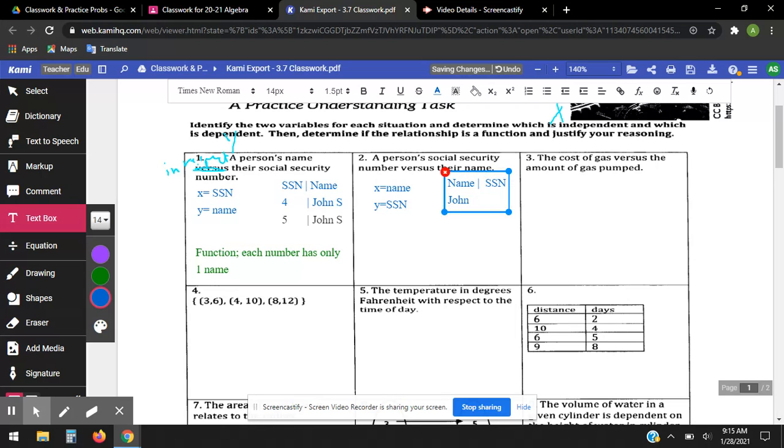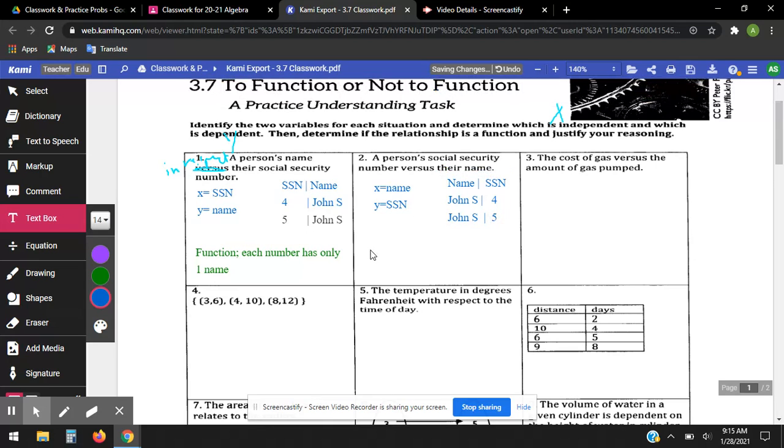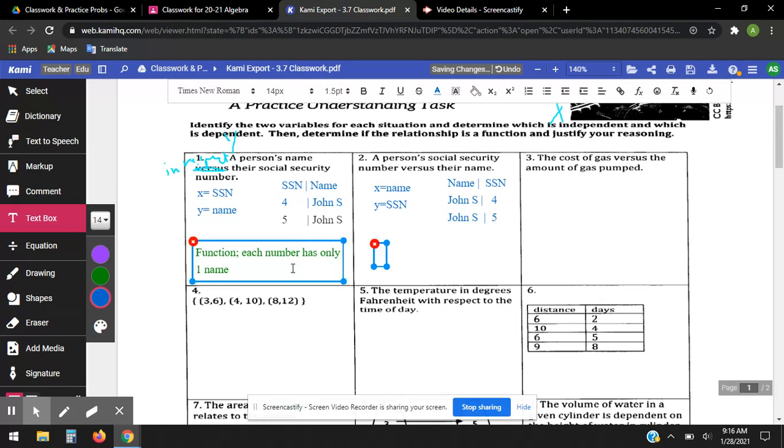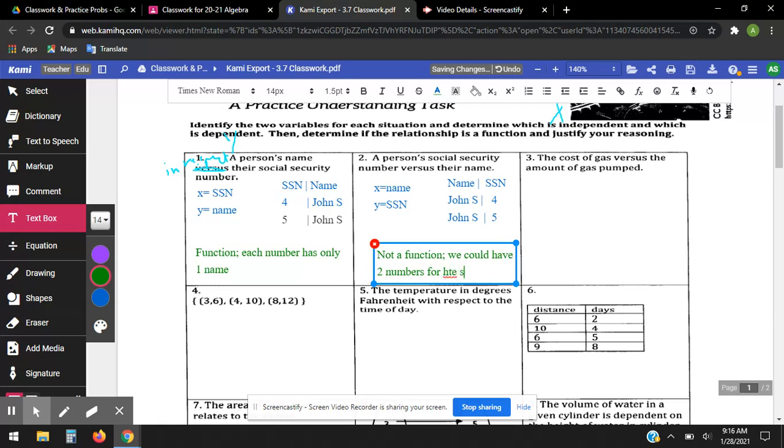So if I have John Smith as my name here and his number is 4, and if I have another John Smith out there, because Smith's a pretty common name and John is too, and his social security number is 5, now I have two John Smiths, both with different numbers. So that would make this one not a function. We could have two numbers for the same name.